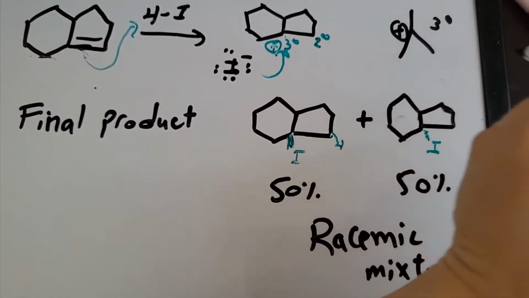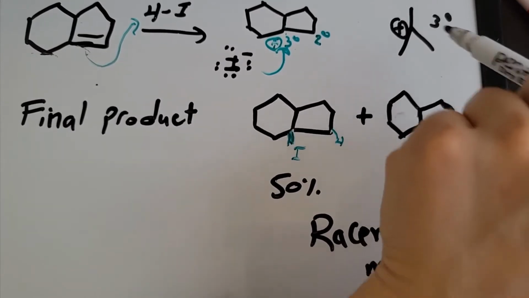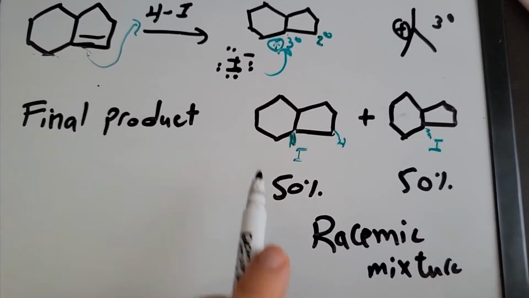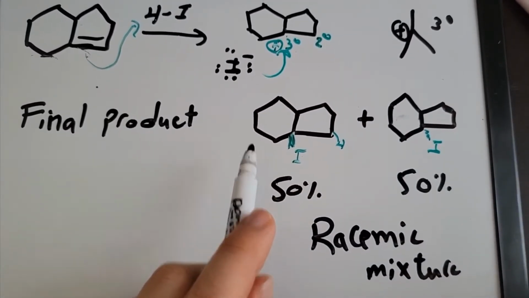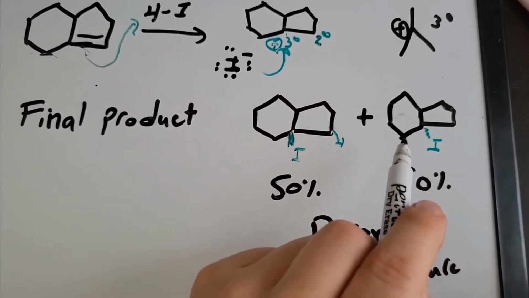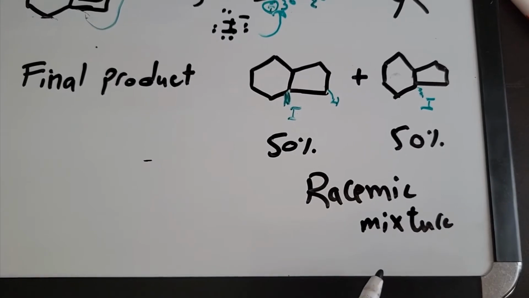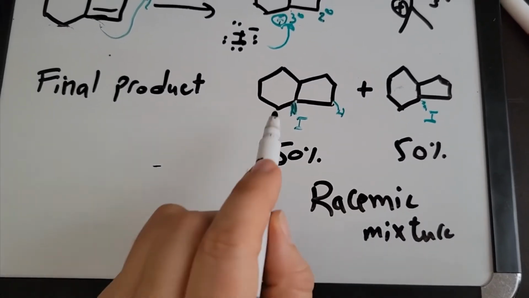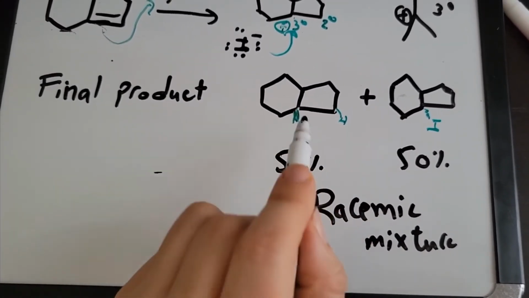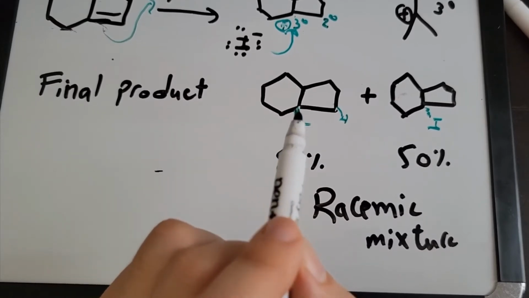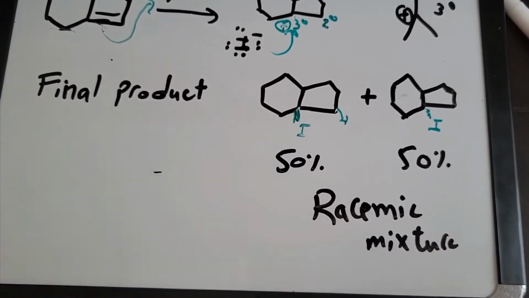We have two main options. So it's going to be 50% for the first structure and 50% for the second structure, making it a racemic mixture. So when we have a chiral carbon, we always have to think about stereochemistry.